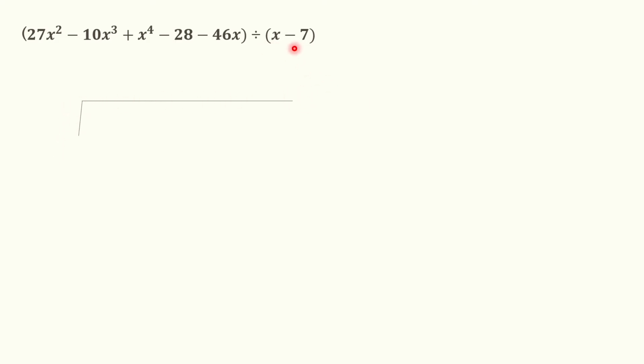And after that one, yung divisor, ilalagay natin sa labas. And yung dividend, ilalagay natin sa loob. But take note, dapat standard form, naka-arrange. So, na-arrange natin to earlier. So, we have x to the fourth minus 10x cubed plus 27x squared minus 46x minus 28. Okay? So, nasa form na tayo. So, we're ready now na mag-divide sa polynomial natin. So, ito yung mga steps.